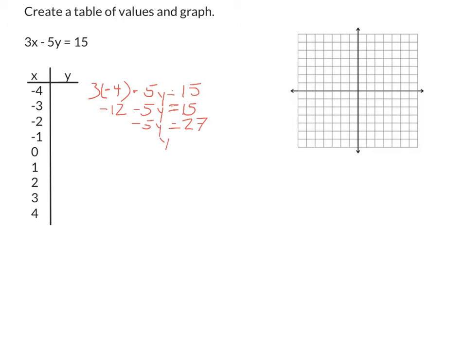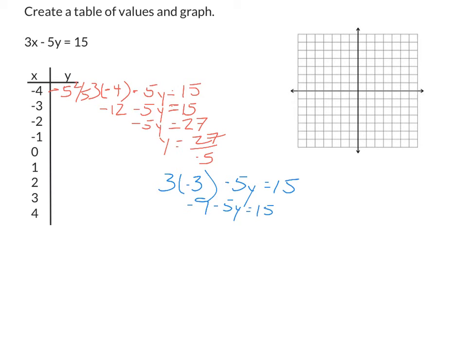So y is 27 divided by -5. 5 goes into 27 5 times with 2 left over, so we come up with -5 and 2/5. Alright, onward and upward. Let's try -3. 3 times -3 minus 5y equals 15. -9 minus 5y equals 15. -5y then is equal to 24.